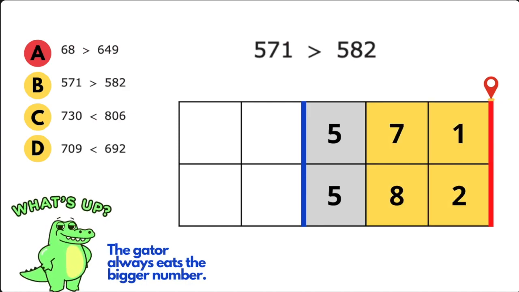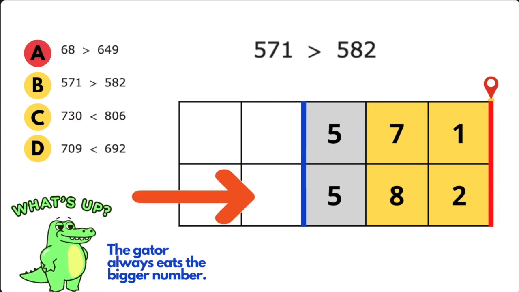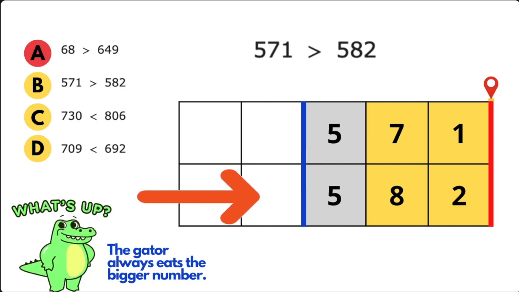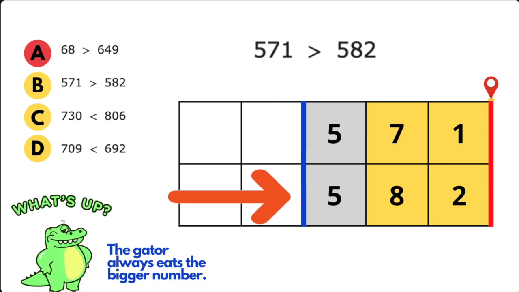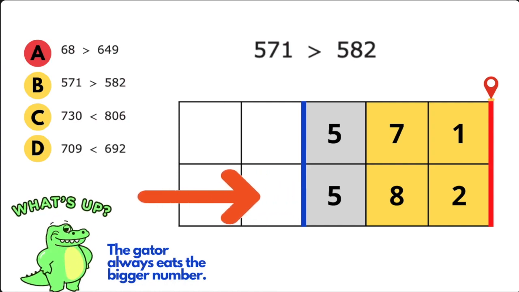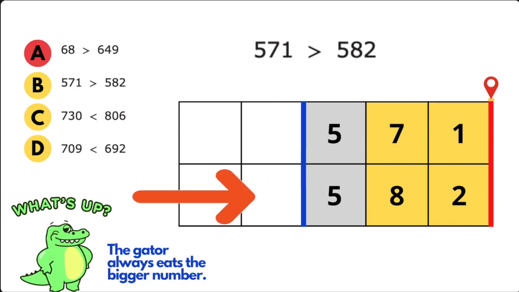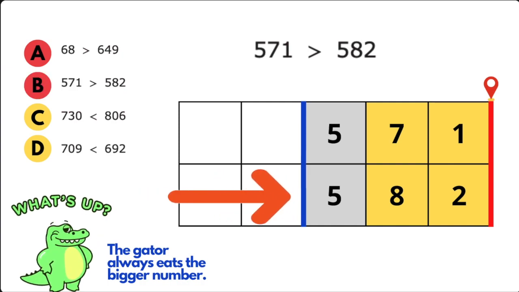Now we can see by highlighting it that 82 is bigger than 71, so 582 is bigger than 571. But our answer choice says that 571 is getting eaten, which means it's saying 571 is bigger. It's not, so that's not true either.